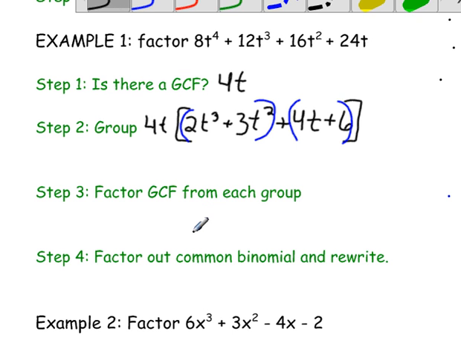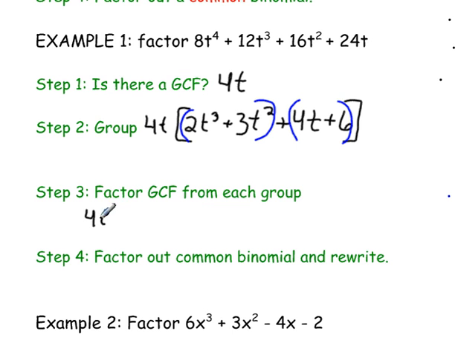Okay, I'm going to bring all this down. Leaves me with 4t. What is the greatest common factor from 2t to the third plus 3t squared? Okay, the only thing they have in common is t, and the lowest power between the two is 2, so they all have a t squared.